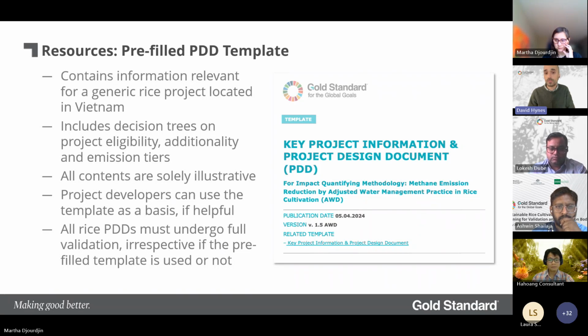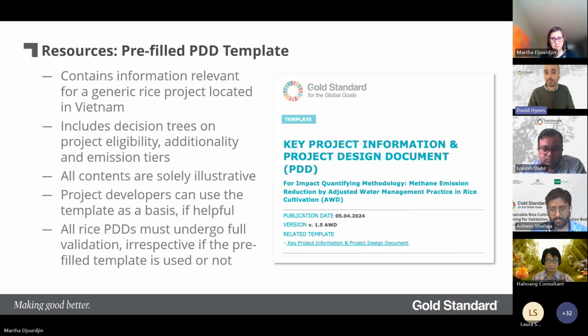So we'd encourage you to download it from the hub and just take a look. But in essence, the pre-filled PDD contains some generic information on a fictional rice project located in Vietnam. It's really just to give an indication of the kind of information that should be filled in the different parts of the project design document templates.